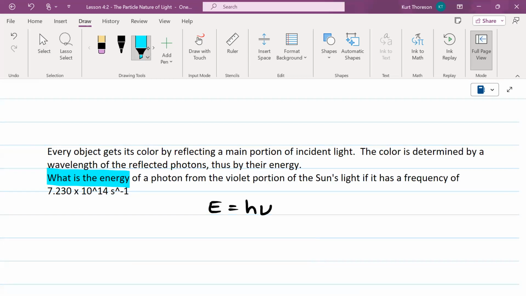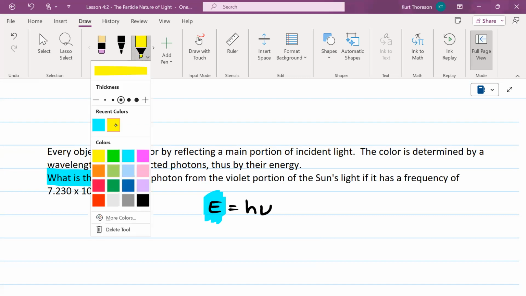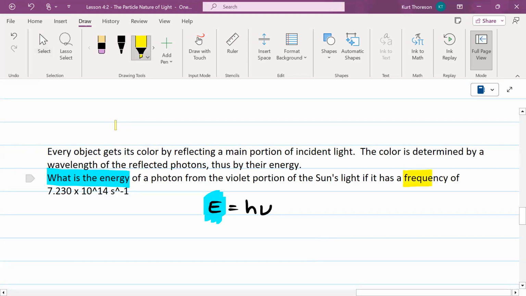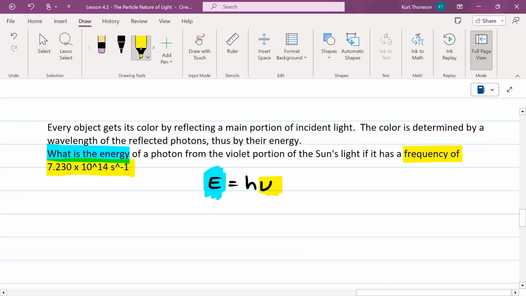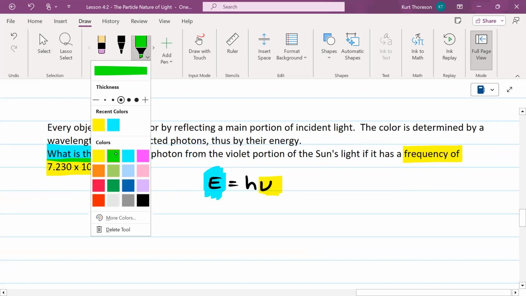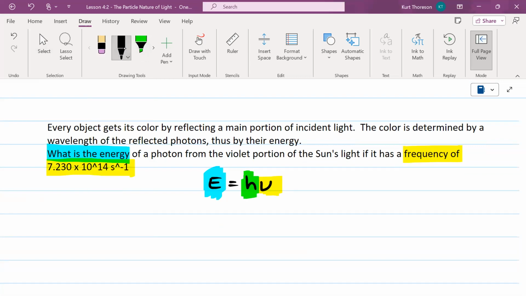Yes, you're solving for this. What are you given in the problem? You're given a frequency of 7.230 times 10 to the 14th reciprocal seconds. So is that number right there h or is that nu? That's this. And aren't you already given the constant? Yeah, it should be a given.